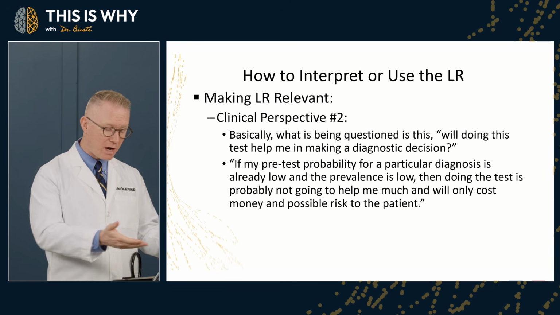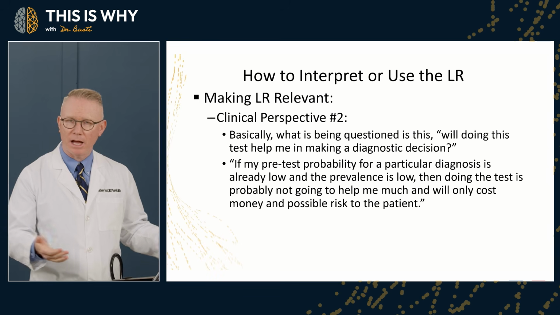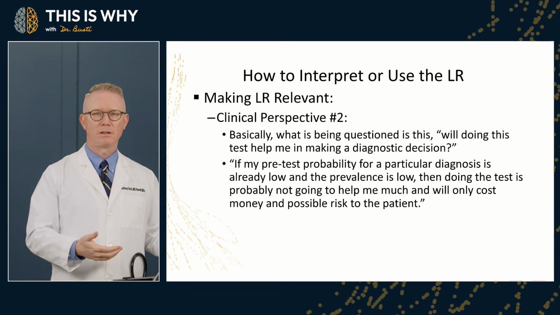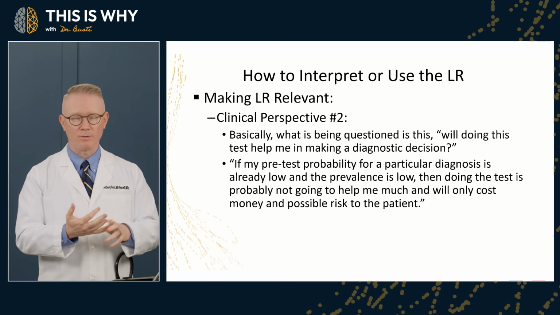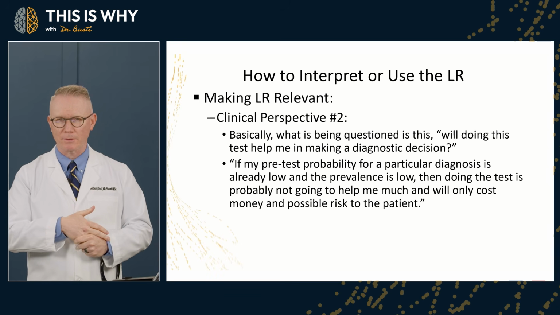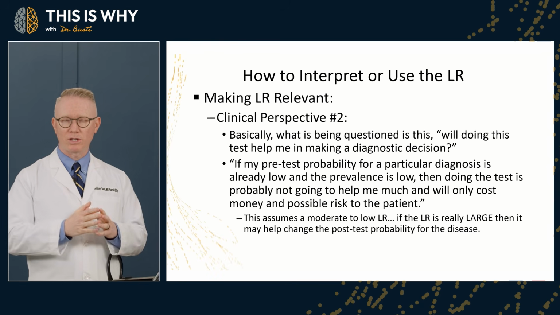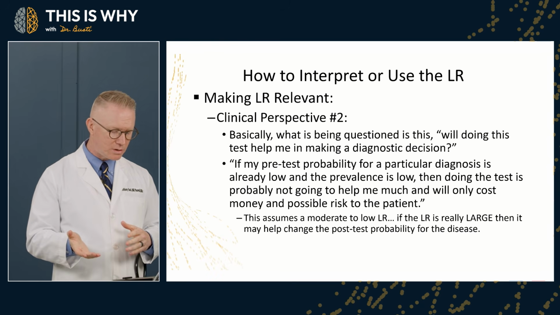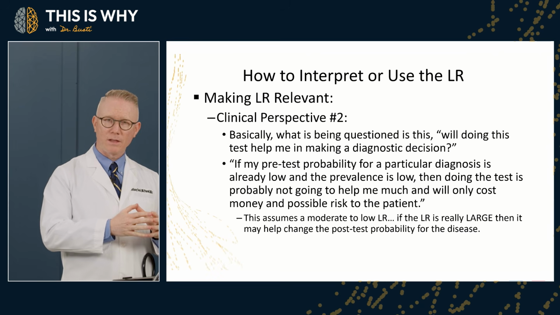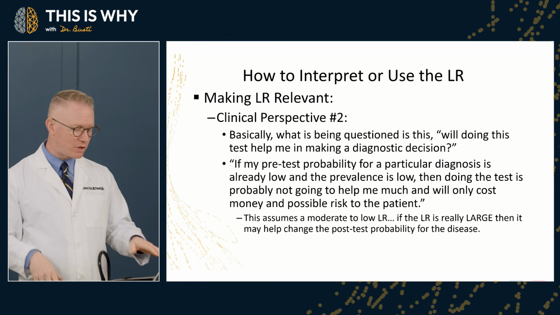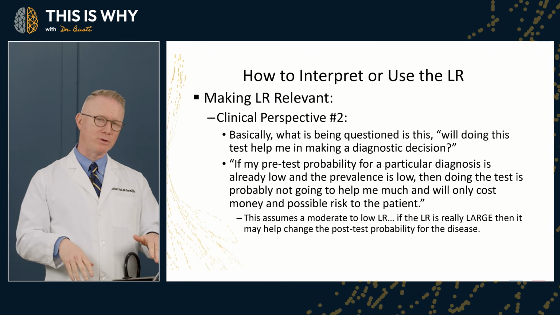It's probably only going to cost extra money, take up time, potentially put the patient at risk, especially if that test is invasive or involves exposure to things like radiation. And so this assumes moderate to low likelihood ratios, right? That's where that can happen. If it's a large likelihood ratio, then it can really help that post-test probability.